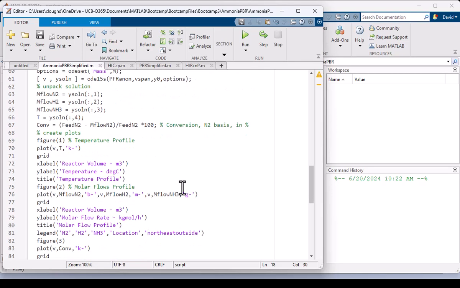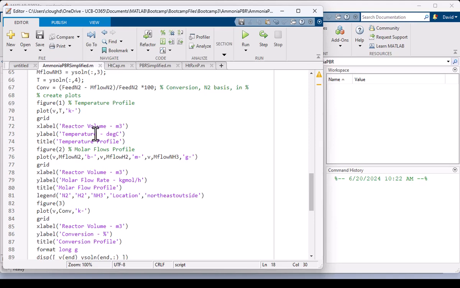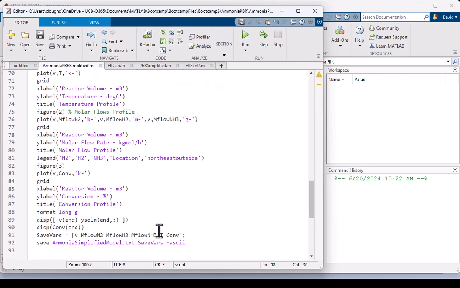And then we create a series of plots: a temperature profile, and you've seen before how to set up plots, a molar flows profile, and here we include a legend because we've got our 3 flows, and then we have our conversion profile down here in our 3rd figure.